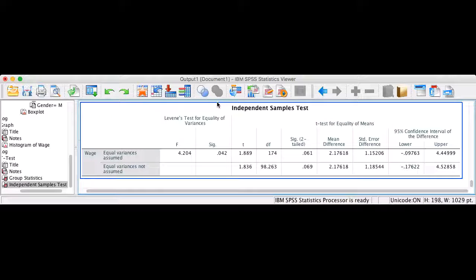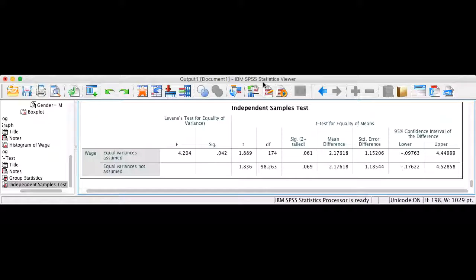Because I did all those things, and on mine, right under the histogram, it says test groups equal gender, missing analysis, variables, wage, criteria, CI. That's not what I wanted you to see.